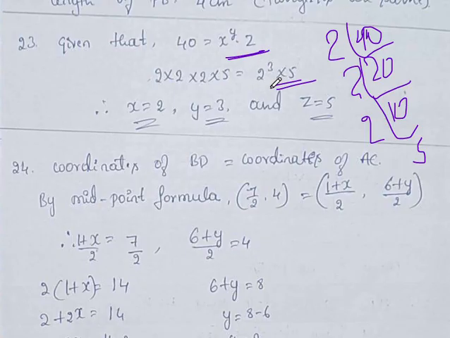In place of x it is 2, in place of y it is 3, and in place of z it is 5. Therefore the x value is 2, y value is 3 and z value is 5. You only have to use prime numbers to factorize the given natural number and write it as a product of powers, and you'll get the answer.